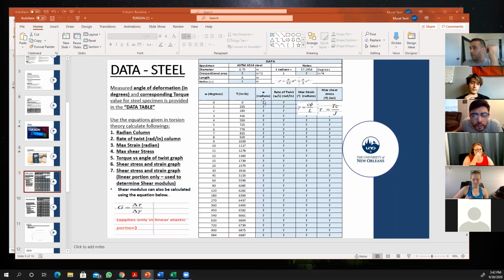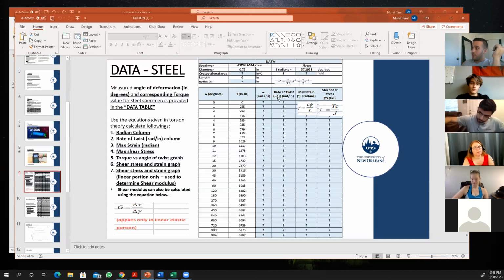You need to calculate the radian column and the rate of twist. To calculate the radians, you're going to convert from degrees to radians, and the conversion unit is given here, 57.29.